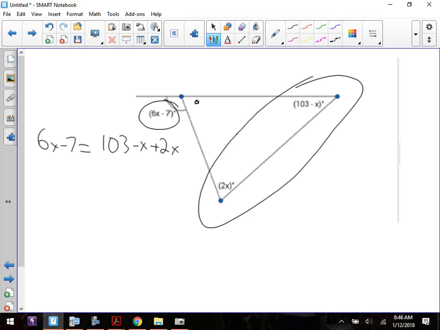You have 6x minus 7 is 103 plus x. Now you have variables on both sides and constants on both sides. What are we going to do? Add 7, subtract x. Divide that out.